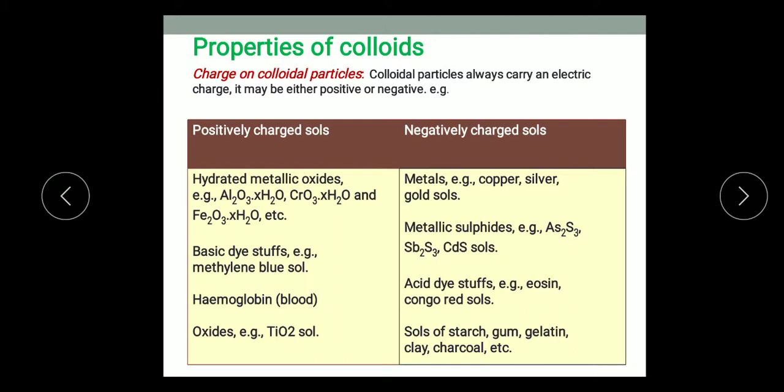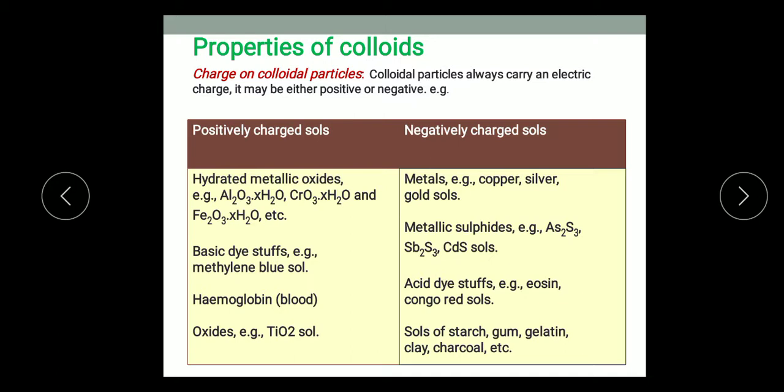Now see some examples given here which carry positive charge and negative charge. This charge is on the particles of the dispersed phase. The dispersion medium also carries charge, but it is diffused, while the charge on the particles of the dispersed phase is fixed.